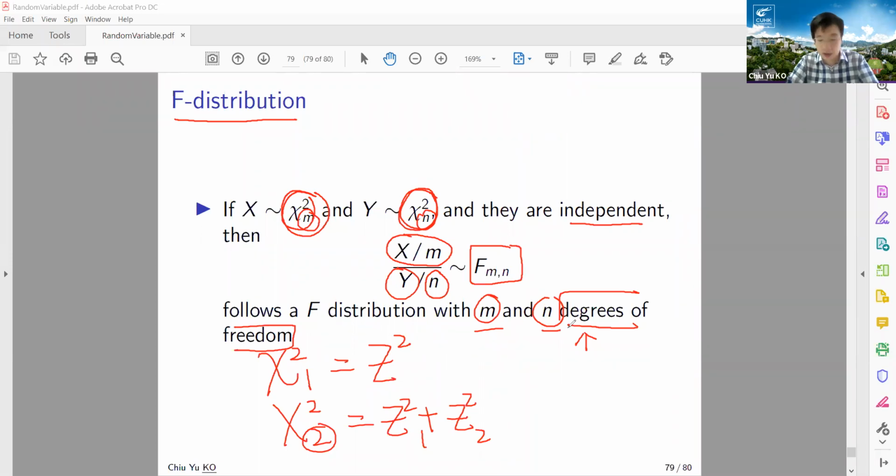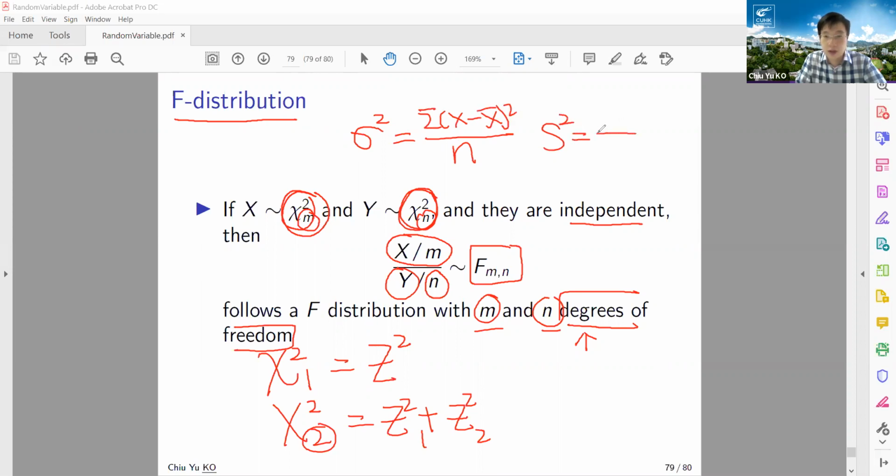And actually this is related to an idea we learned about, remember when we learned the variance? For the formula with the summation of x minus x bar, we divided by n, right? But for s squared, we divide by n minus 1. And actually this is somewhat like degree of freedom.